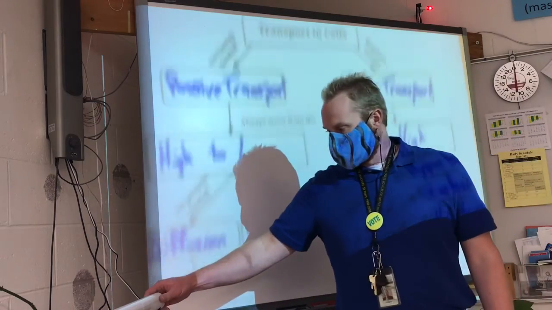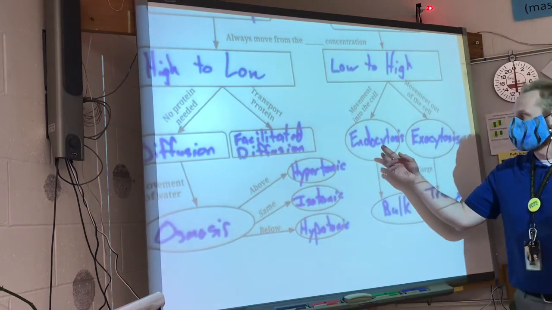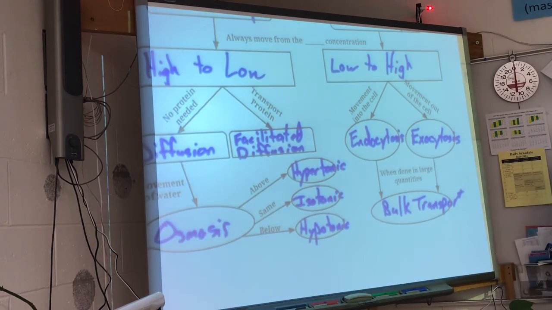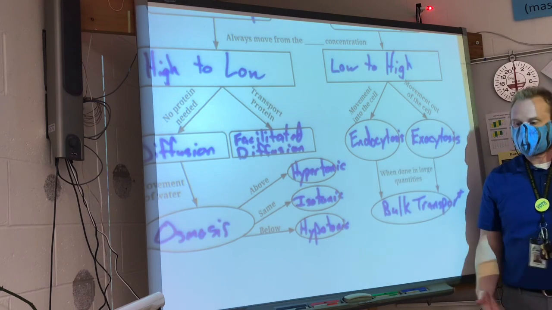We can kind of use those ideas. So into the cell is endocytosis, exiting the cell is called exocytosis, and they're both kind of generically called bulk transport or bulk movement of molecules. They showed in the video, the Amoeba Sisters, they showed like, hey, this is how amoebas eat. They have these things called pseudopods that engulf and pull in and it becomes part of the cell. Endo, into, exo, exit.